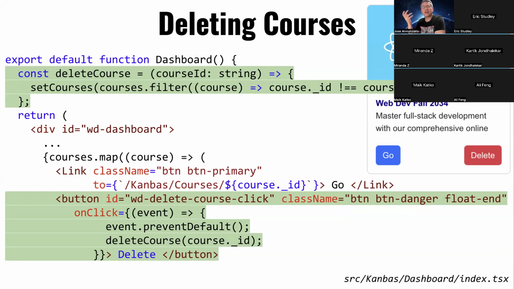So we're going to use a delete course that is going to filter out, computing a new array of courses that has that particular course missing.